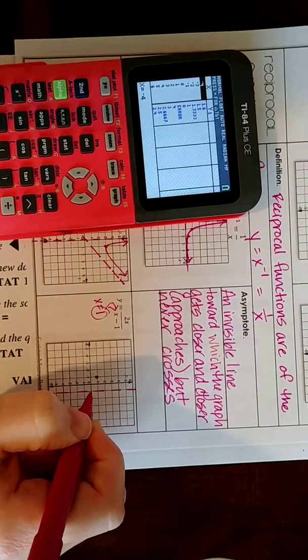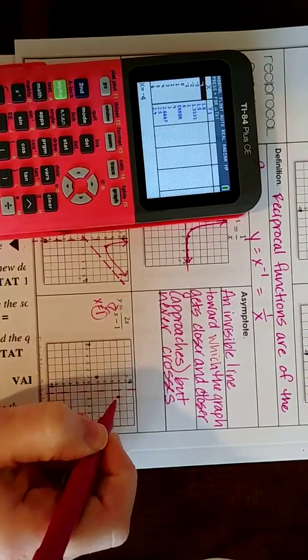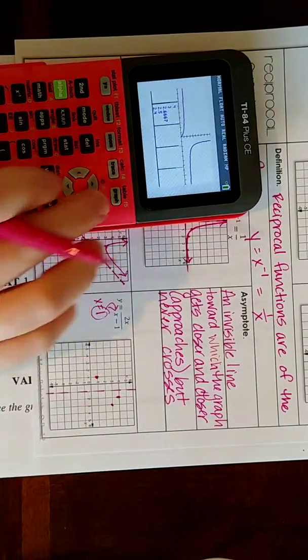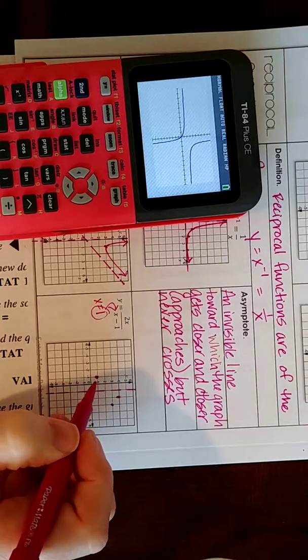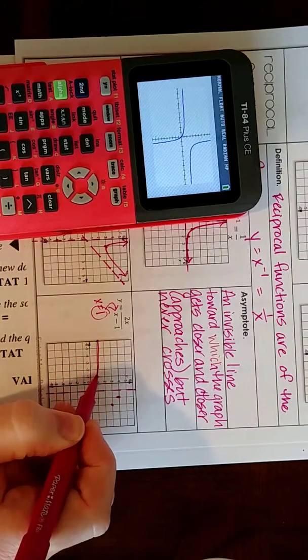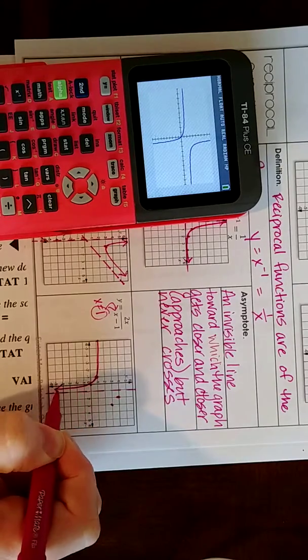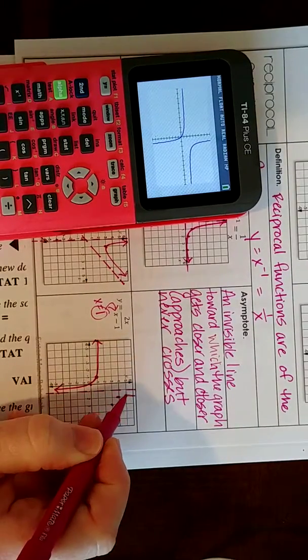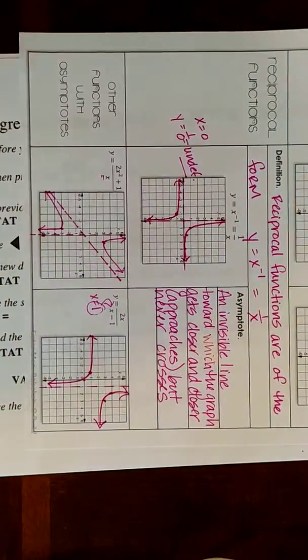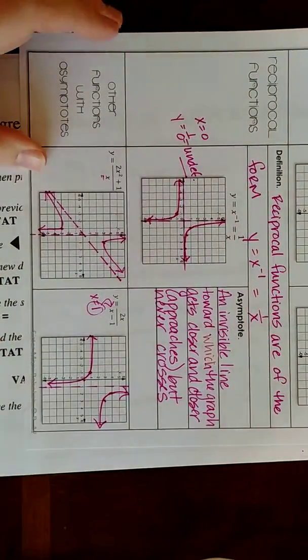And then 2, 4, 3, 3. All right, so our graph looks something like this. Okay, and so those are root and reciprocal functions, and then other functions with asymptotes.